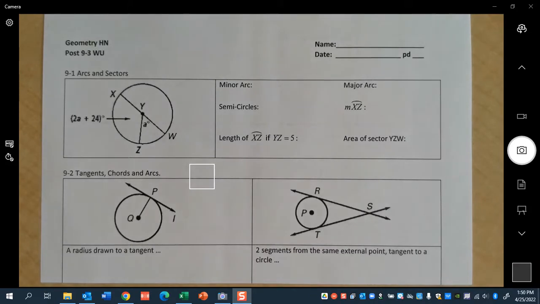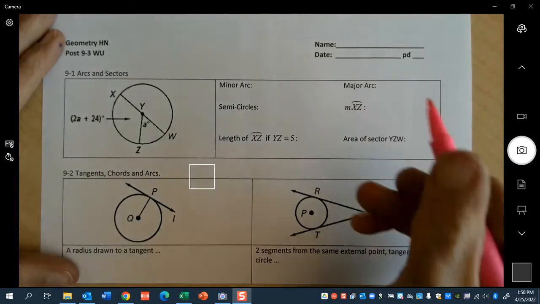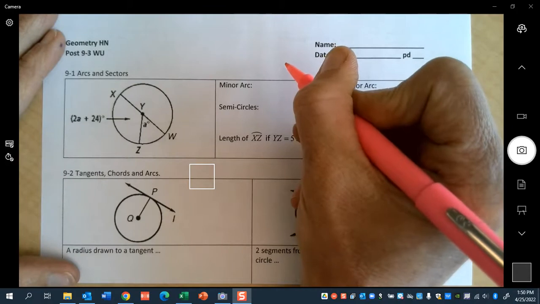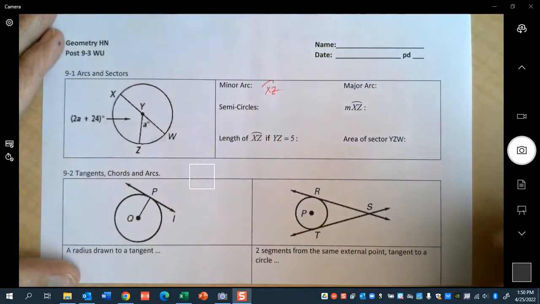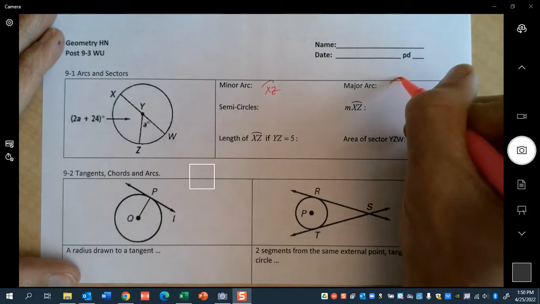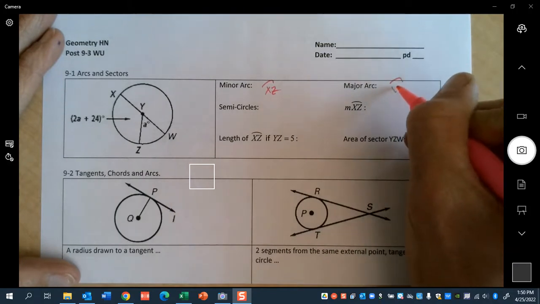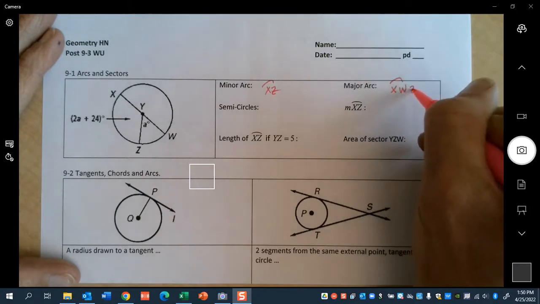All right, so when we start looking at major and minor arcs, having a colored pencil helps ridiculously so. When I'm talking about a minor arc, I can talk about arc XZ, and a major arc, I can talk about arc XWZ.